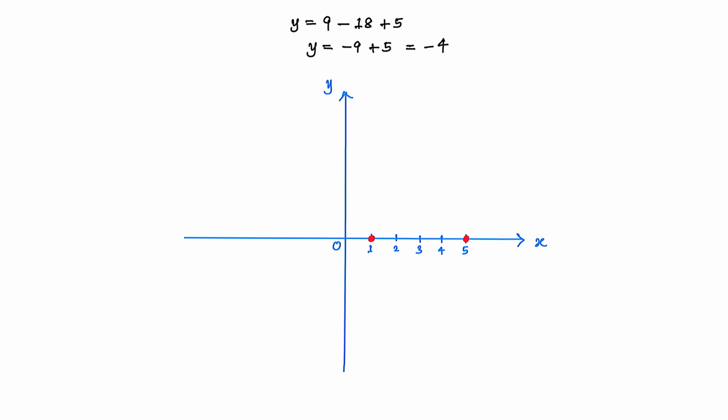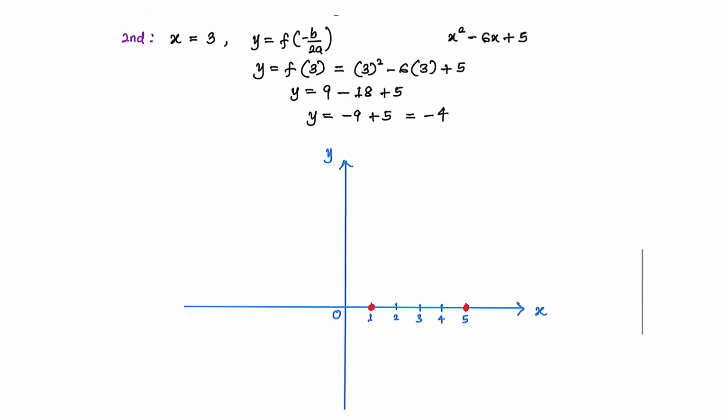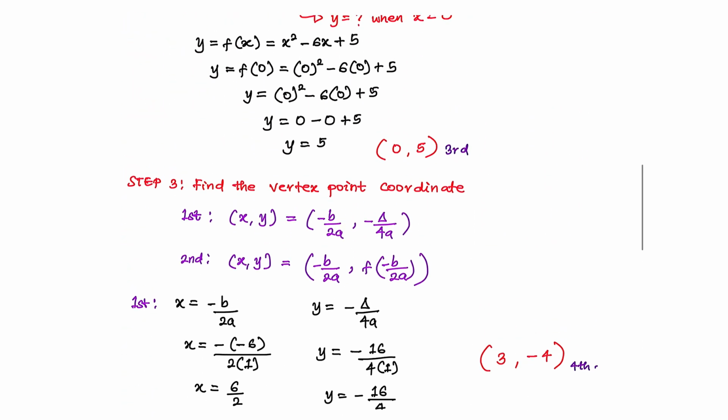That is, we expect the curve to cut the x-axis at this point. So the point needs to be sitting on the line. Hope that helps. So we've drawn our first 2 points.